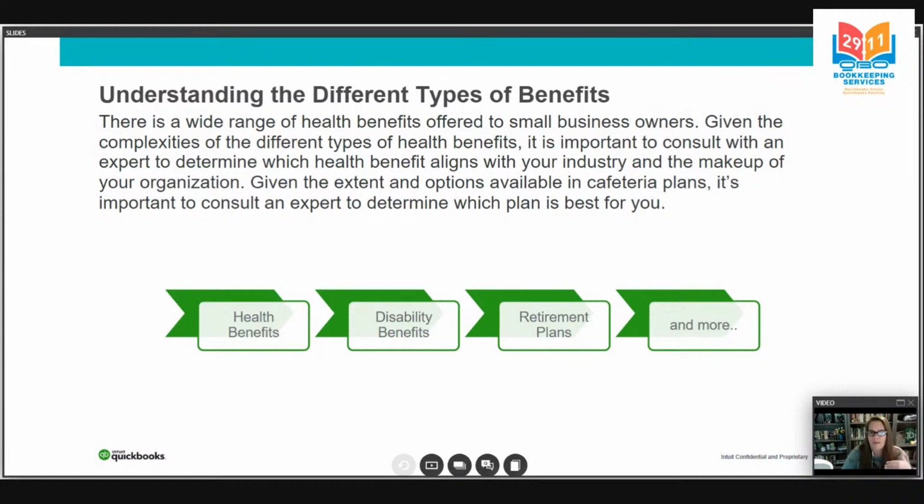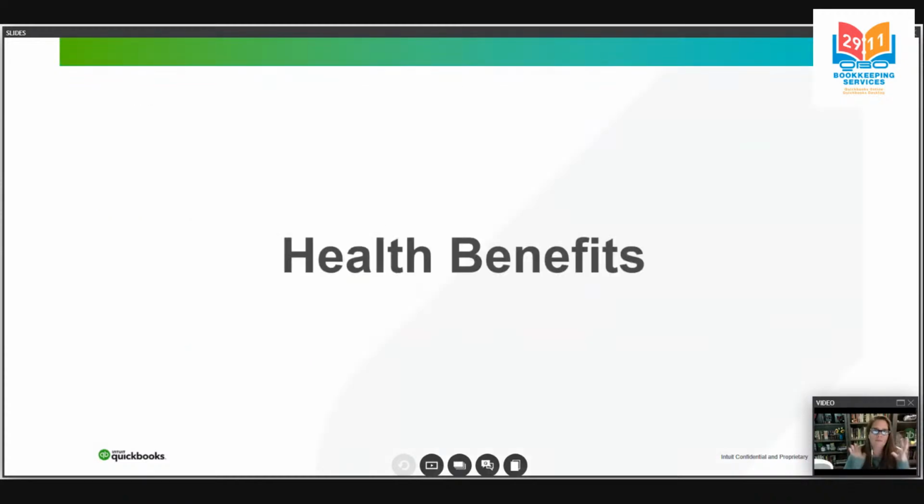Find a benefits administrator or somebody who does this for a living. I'm not an expert on this, so I tend to not touch it. I will tell my clients, you need to talk to somebody who offers these benefits for a living, and then they can administer those. I don't want to mess something up because I don't know enough.